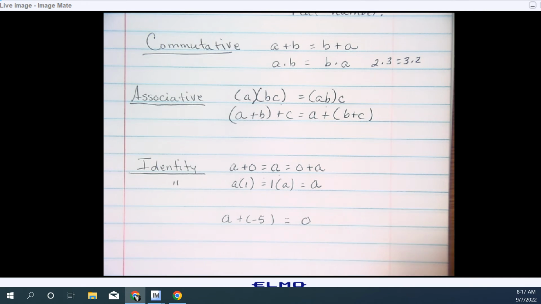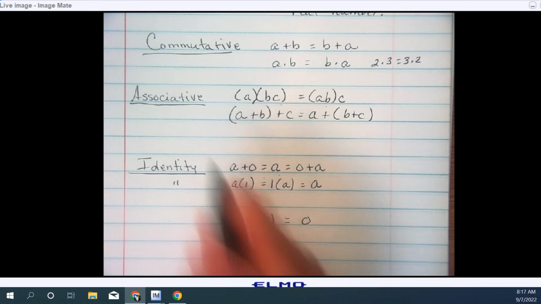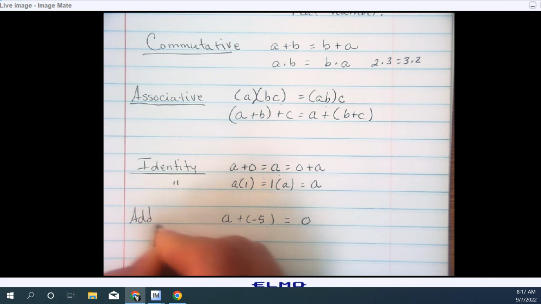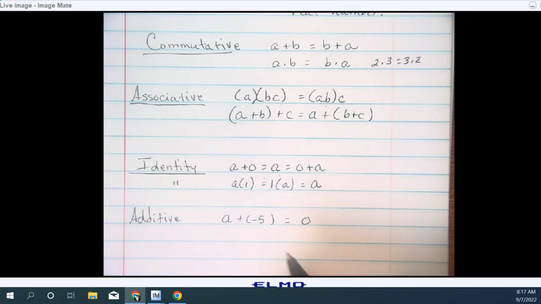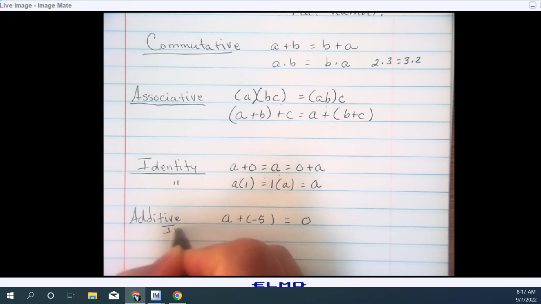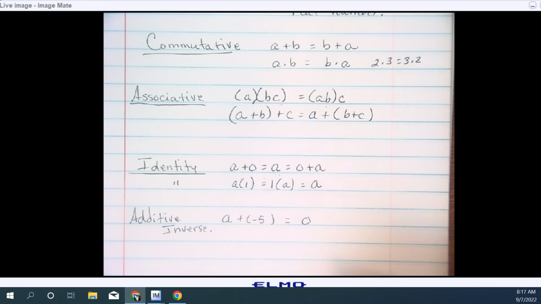We're going to add that -5 or subtract 5. Okay, this being adding and subtracting is called the additive inverse. And you've used the idea of the inverse all the time, and you may not have known that that's what it was called. But the inverse takes you back to the identity.